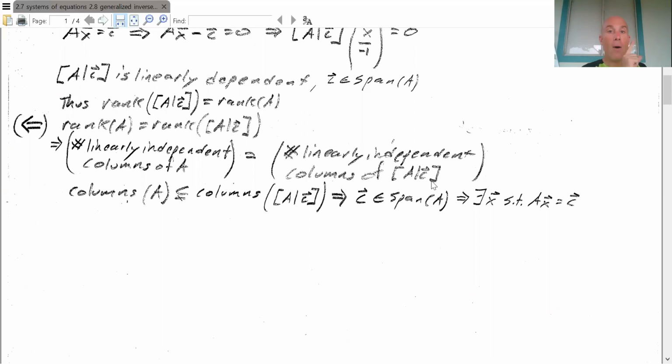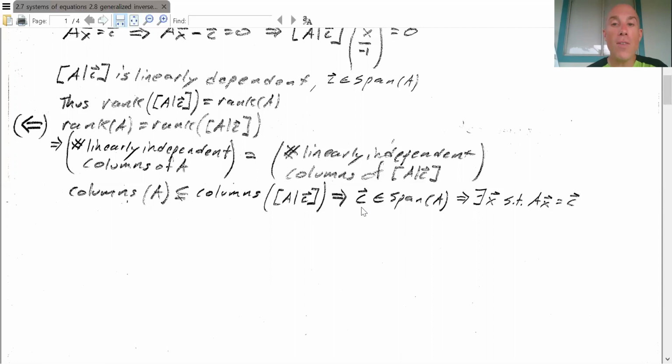Okay, now tacking on columns onto a matrix can only increase the rank. It can't decrease it. Okay, but if it stays the same, so if you think about it for a moment, all the columns of A are contained in the columns of A append C. Okay, but the number of linearly independent vectors did not increase.